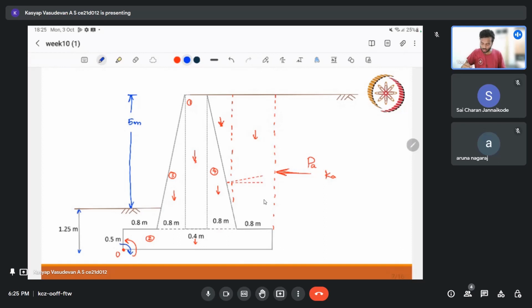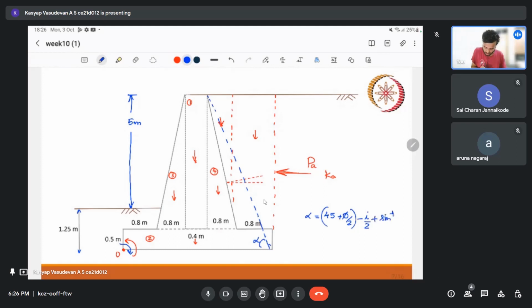Okay, so this is using Rankine's, but the thing is, when we use Rankine's theory, there is a particular rule that this particular angle, this alpha, should not exceed 45.